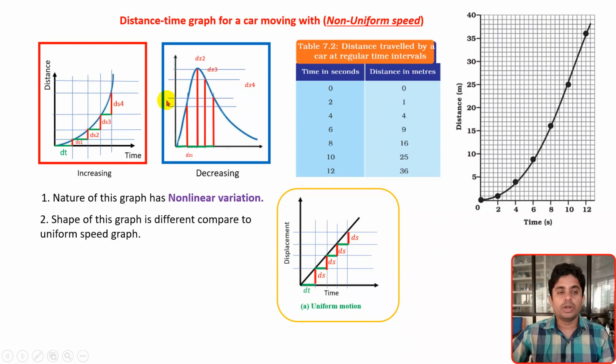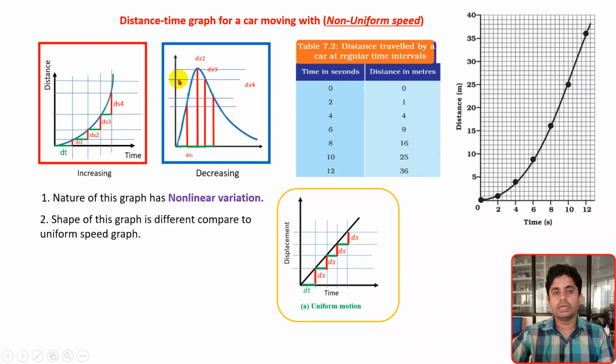But in the case of non-uniform motion, we have written ds1, ds2, ds3, ds4 because they are not equal. The intention behind the notation is that the change in displacement for those time intervals is not equal. Here the ds value is equal. So this is uniform motion and these are all non-uniform motion.